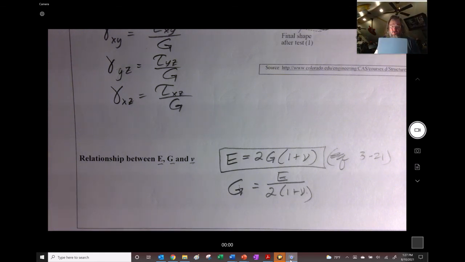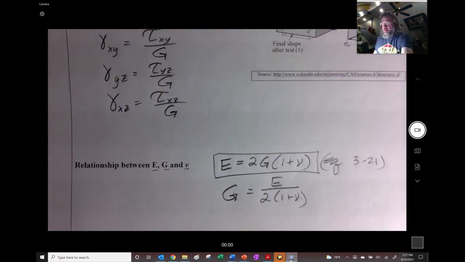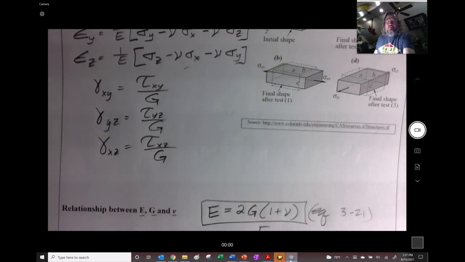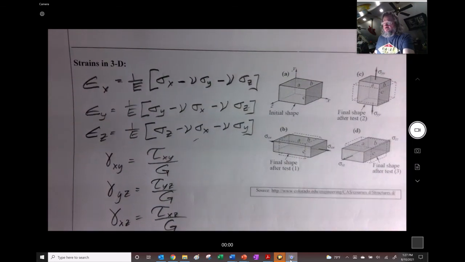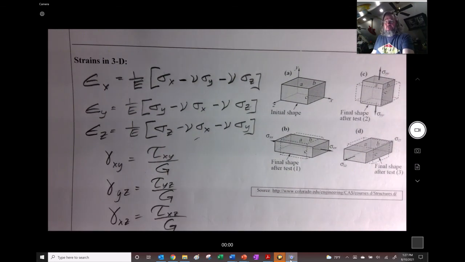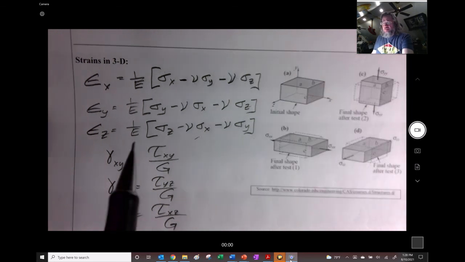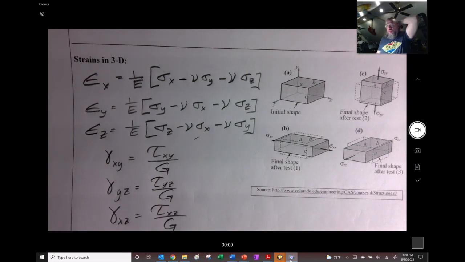Now, I'm going to see how long this video is, because I might want to introduce the next part. This is all somewhat, or should be somewhat, review for you. Maybe not these equations, but they're in the book. The problem is, almost always in real life, we can't measure stress, but we can measure strain.